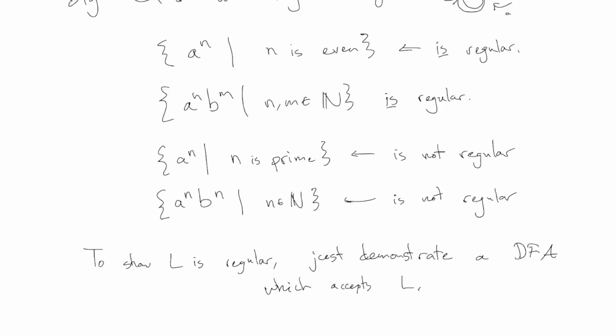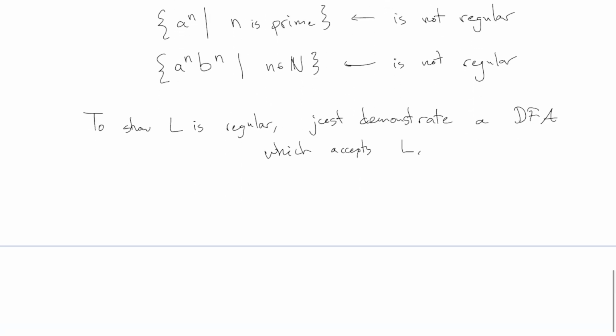To show that a language is not regular is much, much harder. This is something that we're going to get to eventually, but I will just point it out at this point.